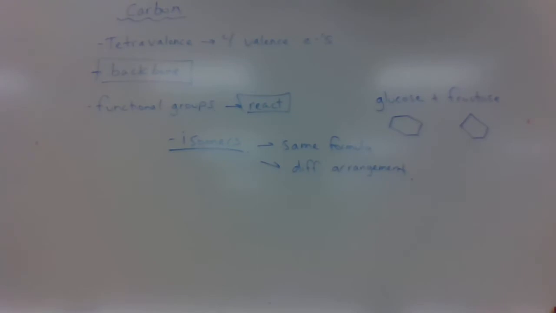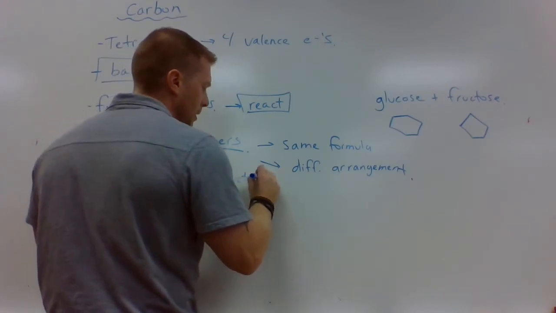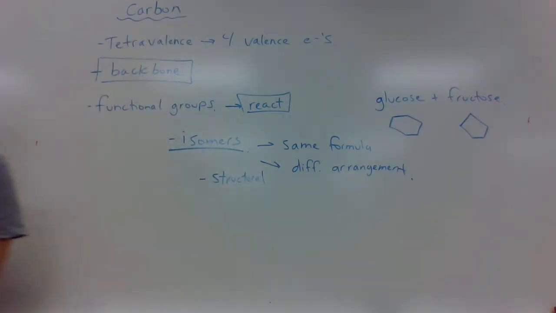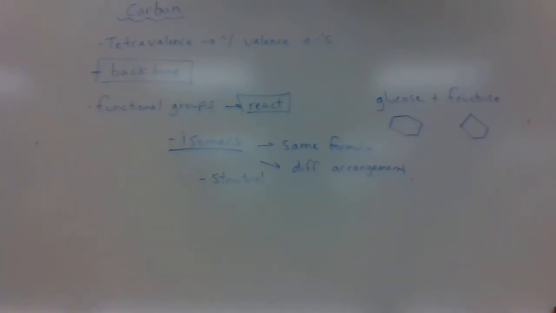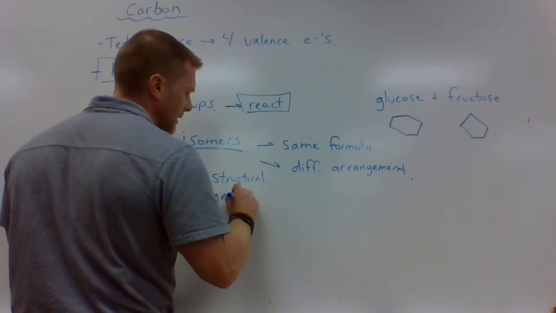All right? We talked about 3 different types of isomers. We talked about structural isomers, geometric isomers, and enantiomers. Structural isomers have a different arrangement of carbons in the backbone. We call them structural isomers. The second type of isomer is a geometric isomer.